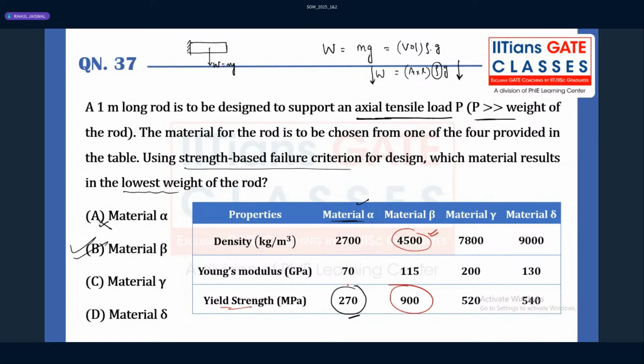If any doubt, we can discuss. If no doubt, we can move to the next question.